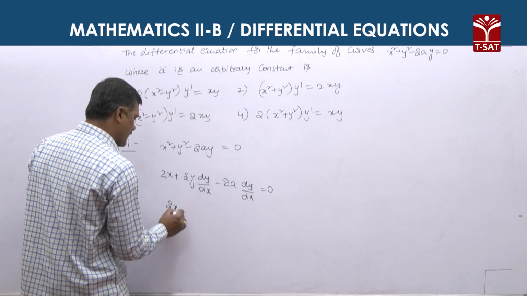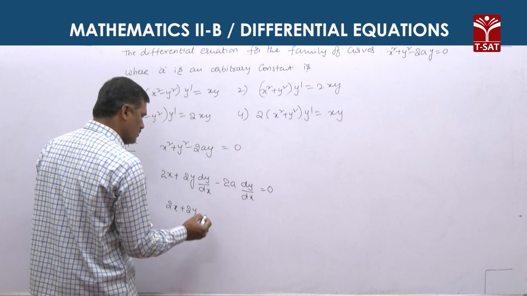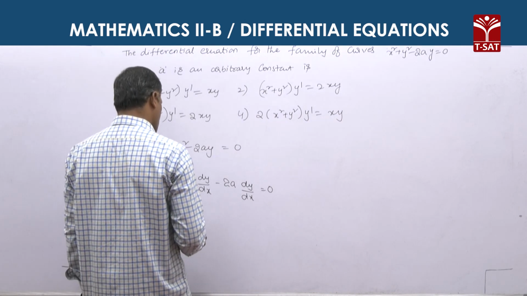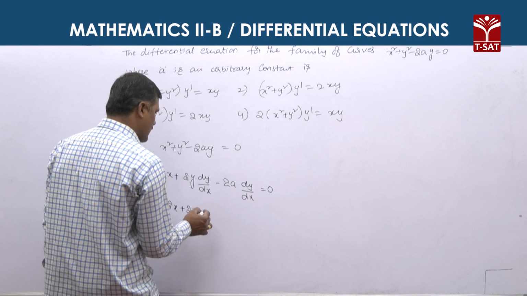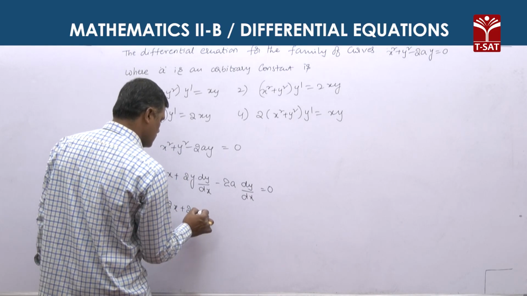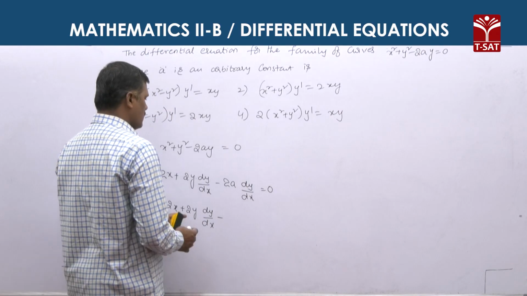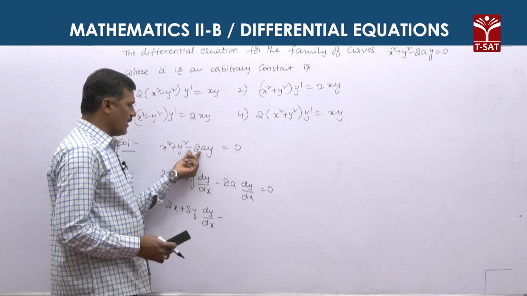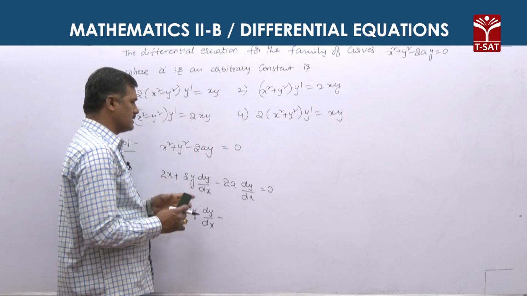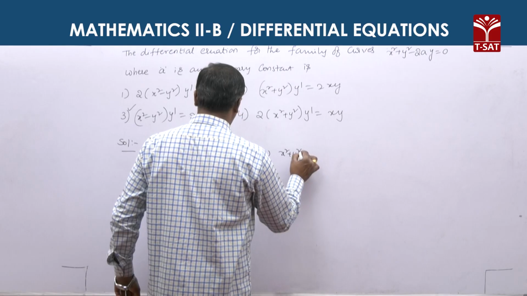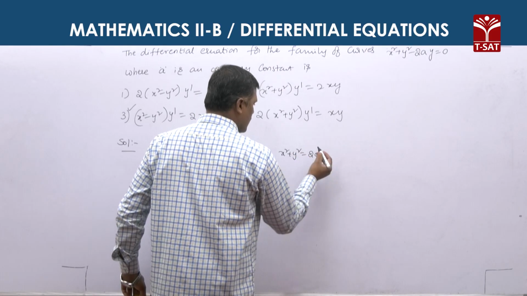Now 2x plus 2y into dy by dx minus 2a into dy by dx. From the given family of curves, the 2a value is: x square plus y square is equal to 2ay.